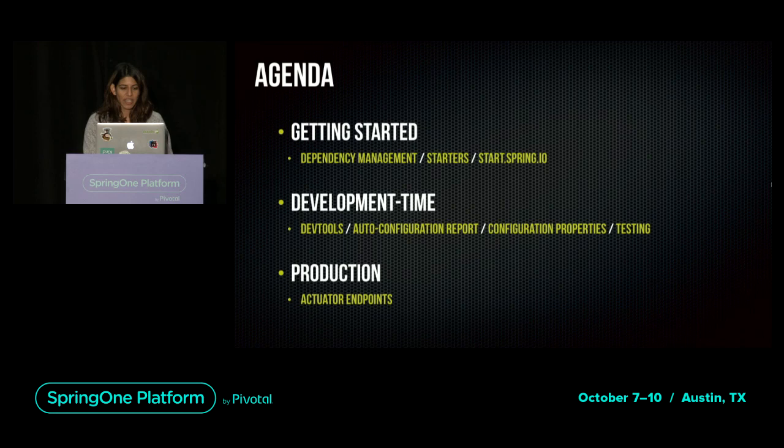The agenda for today is divided into 3 sections. The way I see it, an application life cycle consists of different events. And these 3, getting started, development time, and production, I see as some important events in the application's life cycle. As application developers, we try to give you the best possible experience to help you through these phases.